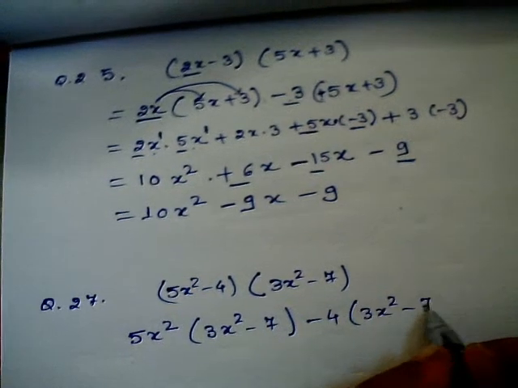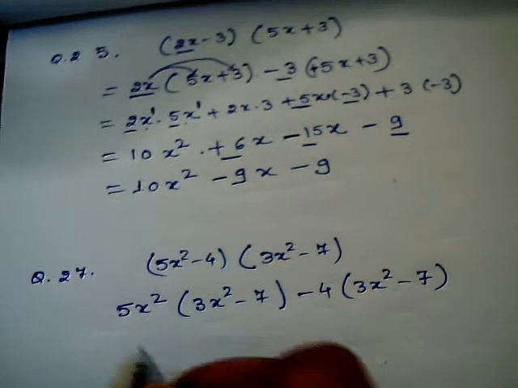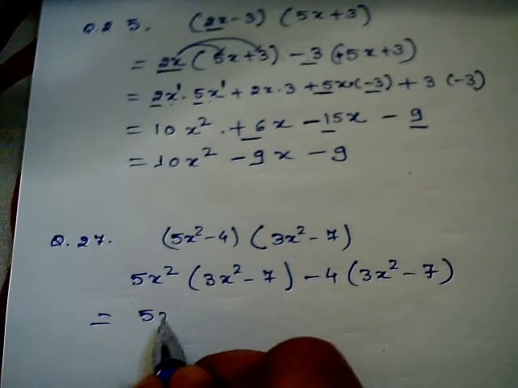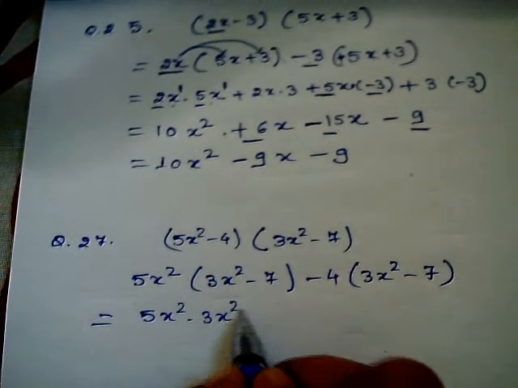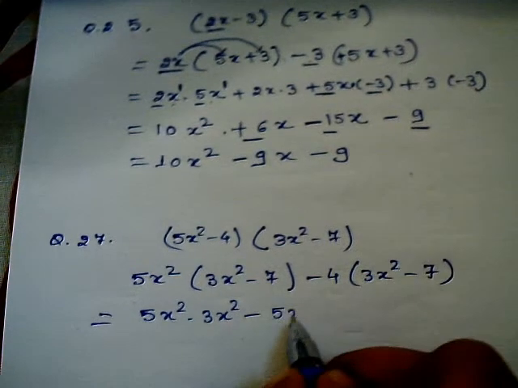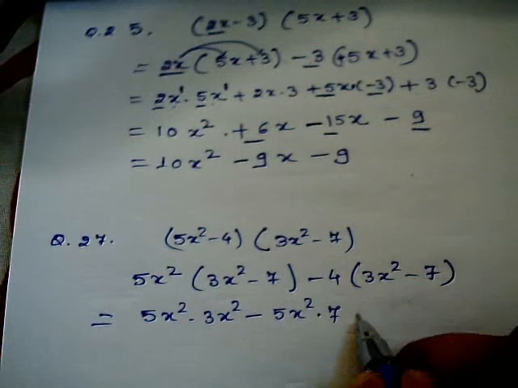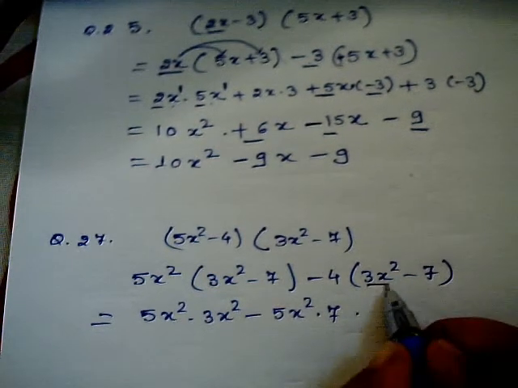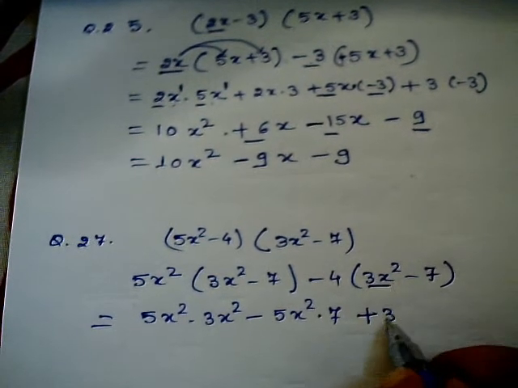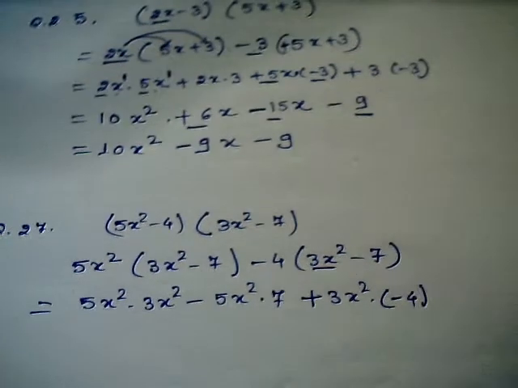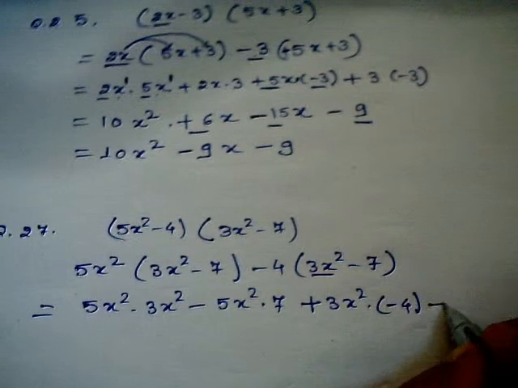When you operate this, 5x squared times 3x squared, 5x squared times 7. Now I am going to operate with the negative sign. So first I will write these terms, that's positive, and that's going to be operated with negative 4. And this is negative 7, which is also going to be operated with negative.